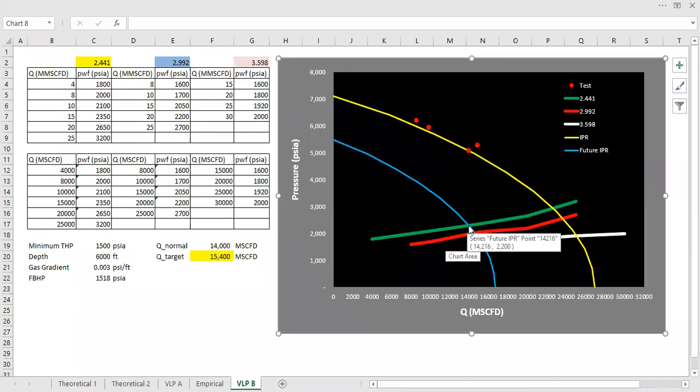Now the intersection for the first tubing happens at 14,000, not yet. And here, I think we get our winner here. Here, 15,300.